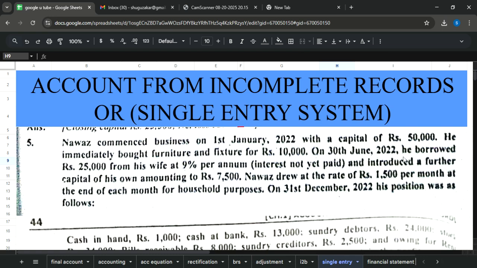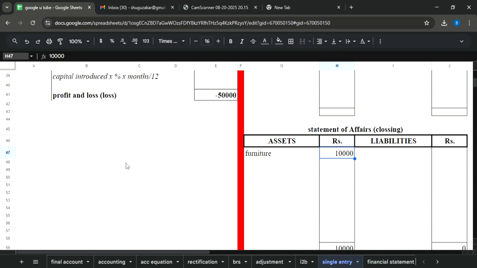He borrowed, meaning you have taken a loan of 25,000. So the loan would be considered your liability. You will come over here, loan from wife. The amount of that loan you have taken is 25,000.